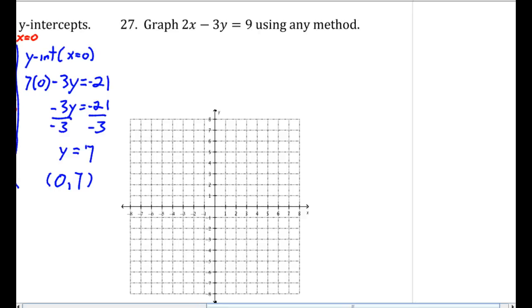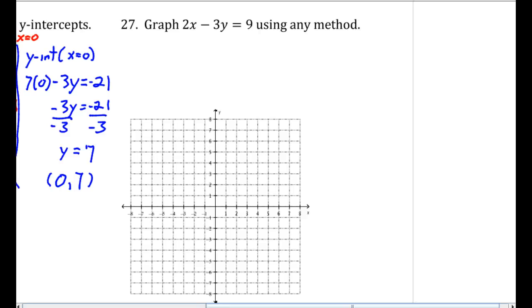And 27, just solve using any method. So just to get a well-rounded picture of everything, I'm going to solve this for y and find the slope and the y-intercept. First I'm going to subtract 2x on both sides.